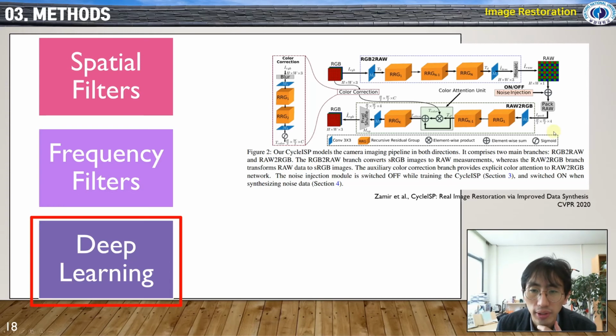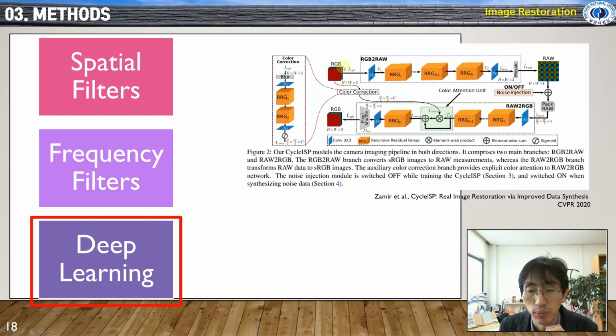This image was taken from a paper, CVPR 2020, which utilizes a deep learning network structure to remove noise. The basic idea is like this.